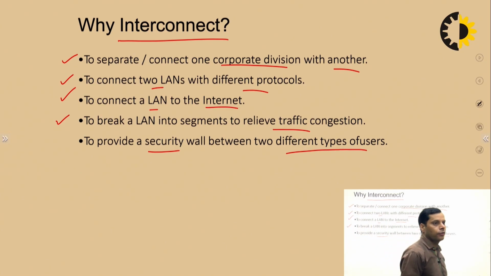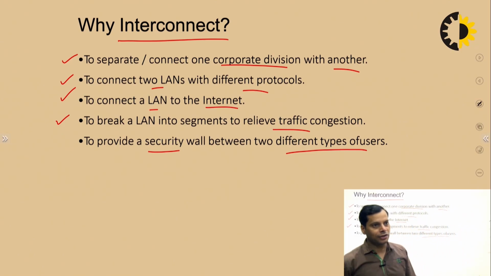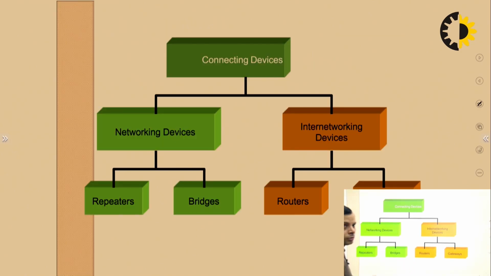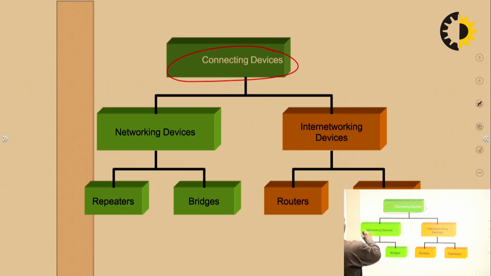So, where there is a requirement for interconnection, internetworking devices are used to interconnect LAN to LAN, different LANs, or LAN with the internet, etc. What are these connecting devices? There are two categories: one is the networking device and the other is the internetworking device.